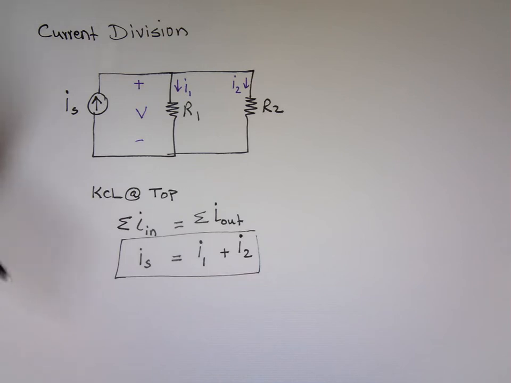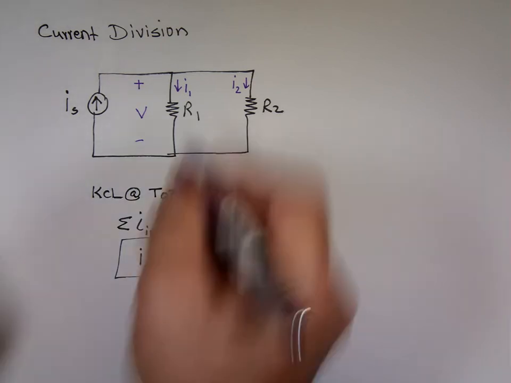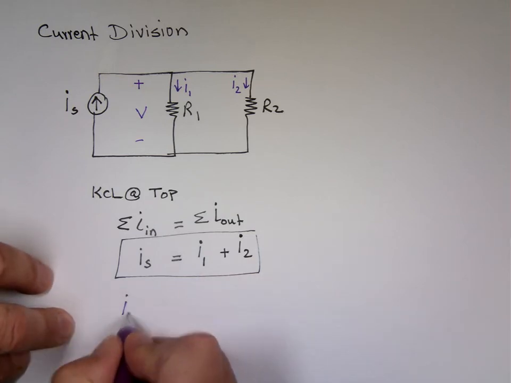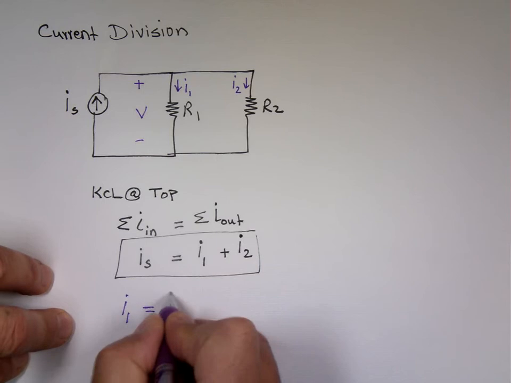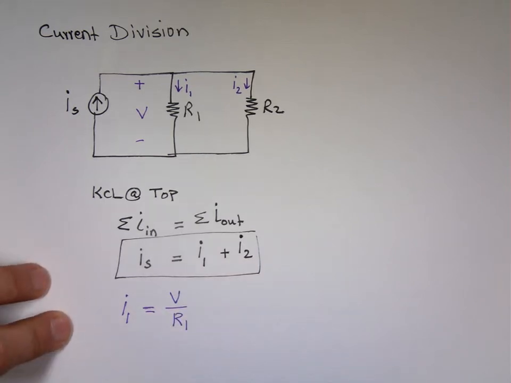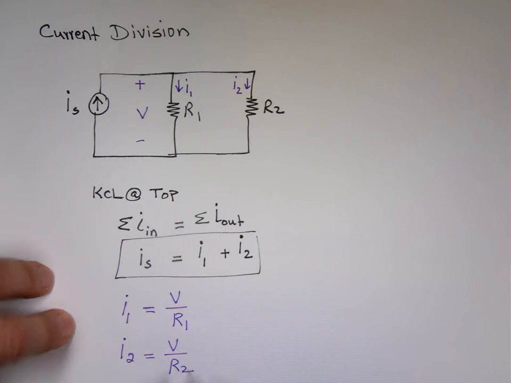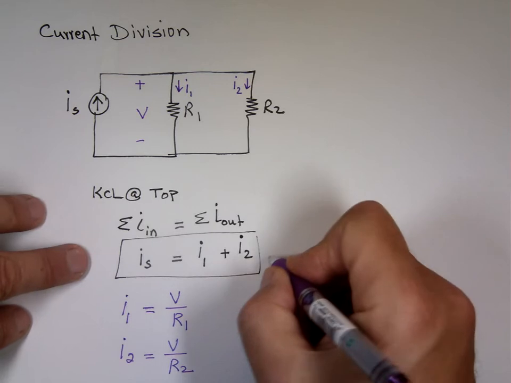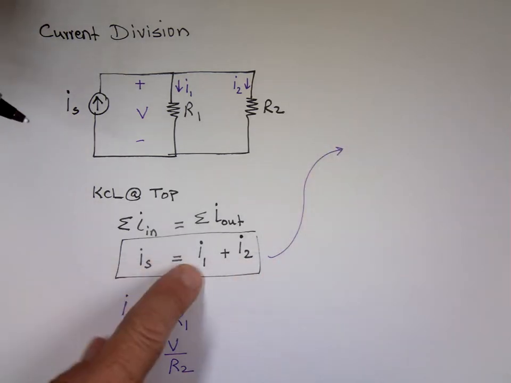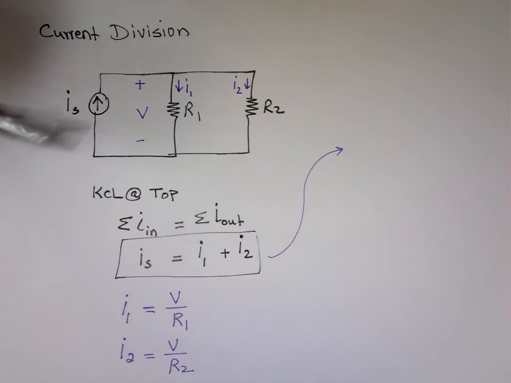Now think of Ohm's law. Can you write I sub 1 in terms of V and R1? I sub 1 equals what? V over R sub 1. And I sub 2 equals what? V over R sub 2. So now if we take this equation here and replace I sub 1 and I sub 2 by these values, you will have what?